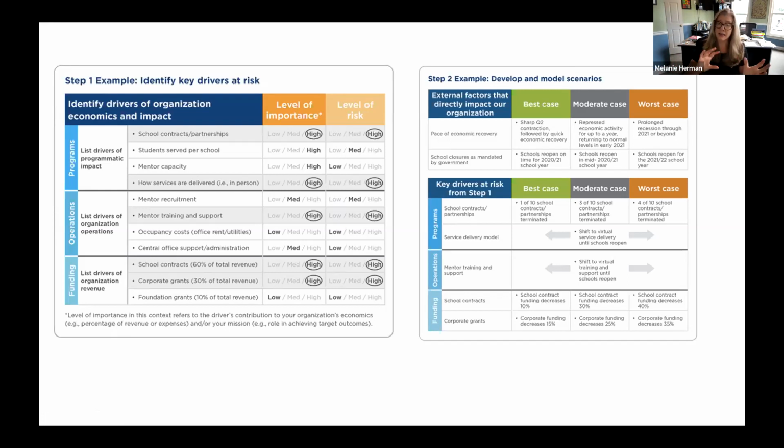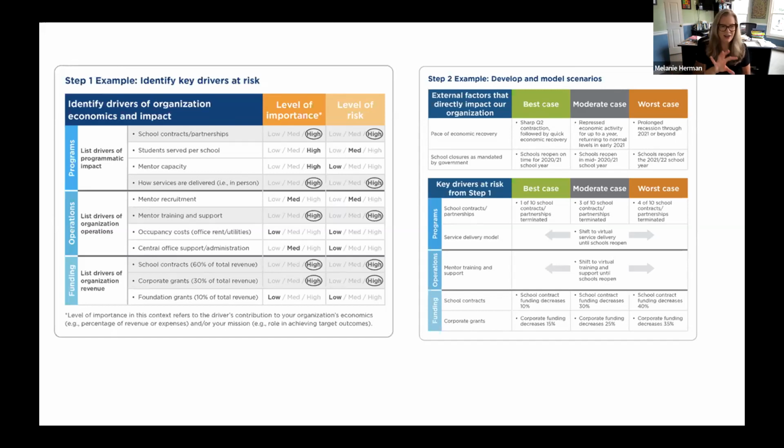So that's on the left-hand side. And then step 2, which is on the right-hand side, is where we start to develop and model scenarios. So we begin by identifying some external factors that impact our organization. In this particular example, the first factor is the pace of economic recovery. And then the second factor is school closures mandated by government.